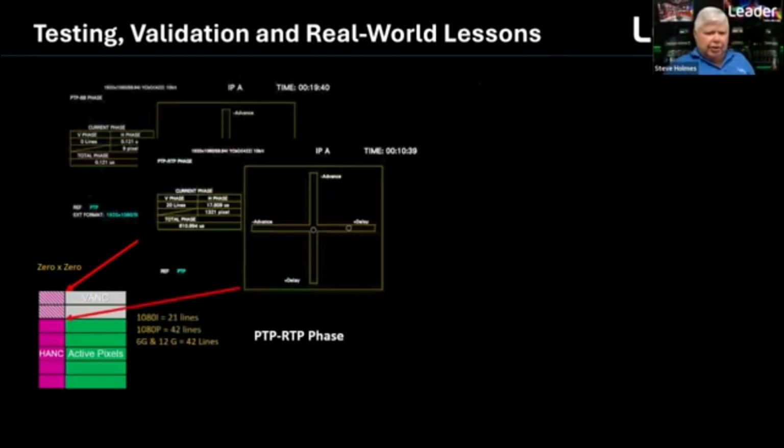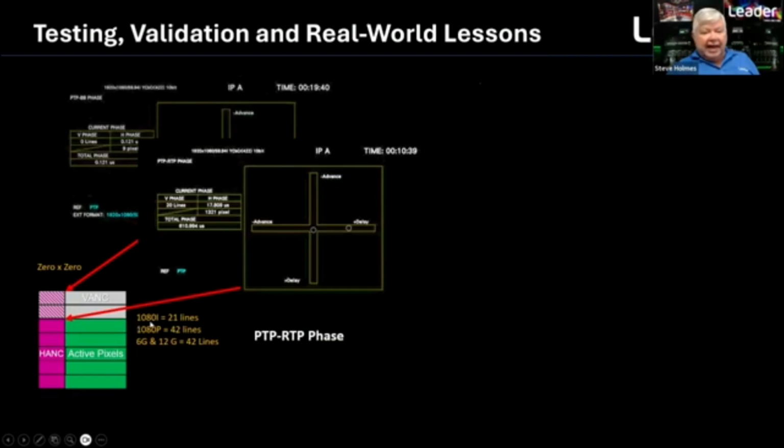The thing that we're really interested in is, where does my 2110 video actually start? Because since in 2110 we don't send the vertical or horizontal intervals, we just send the active live video shown here in green.